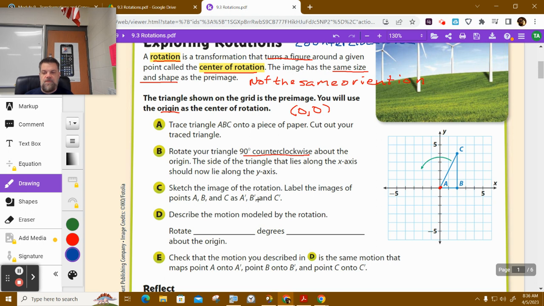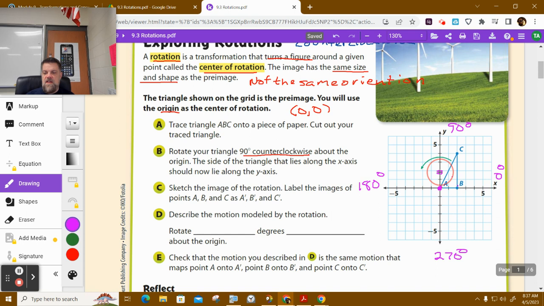Well, guess what? A, and this is a little bit hard, but A prime is just going to be right here because that's where we're spinning. But now B is going to rotate 90 degrees. So you can draw a circle and go 90 degrees. If this is 0 degrees, this is 90 degrees, this is 180 degrees, and this is 270 degrees. We start with 0 degrees and we rotate this way.